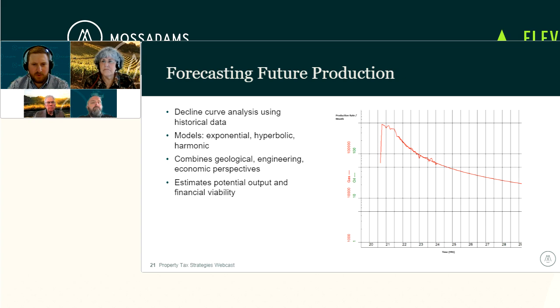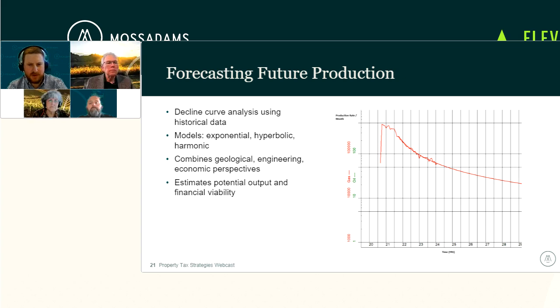Let's move on to forecasting future production. So forecasting future production is fundamental in the oil and gas industry, and it's primarily done through decline curve analysis. This method uses historical production data to predict future outputs, employing models like exponential, hyperbolic, and harmonic declines tailored to specific operational conditions.